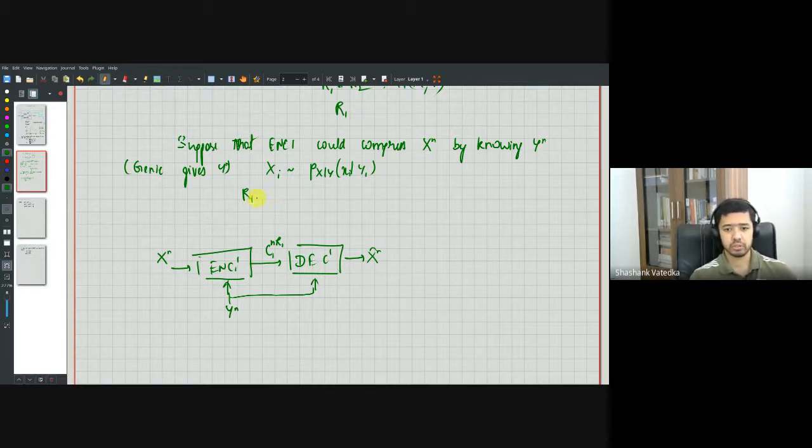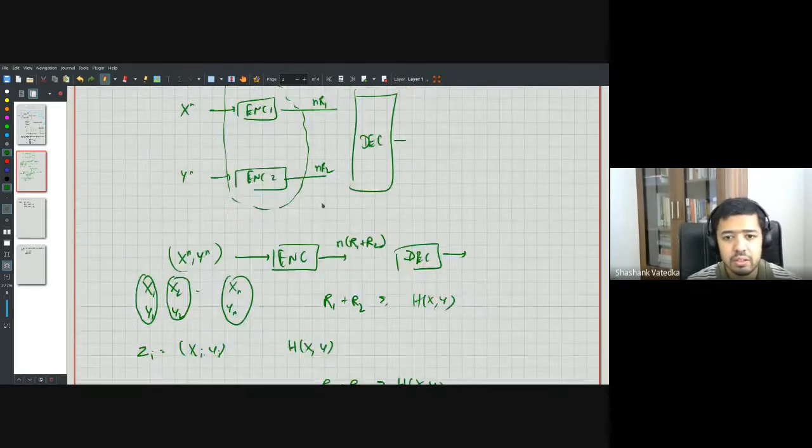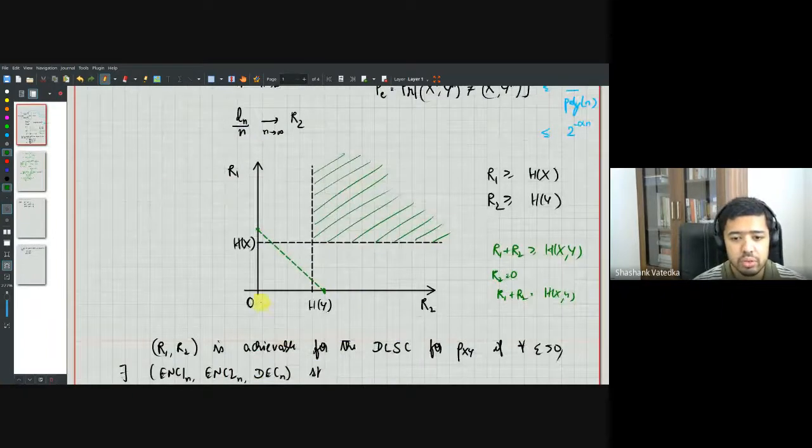Any R1 greater than, you could make this as small as H of X given Y. Similarly, if X^n were given as side information to the decoder or to the second encoder, then you could make R2 close to H of Y given X. So you have H of Y given X and H of X given Y.